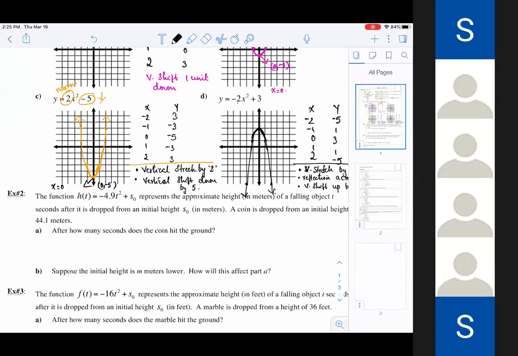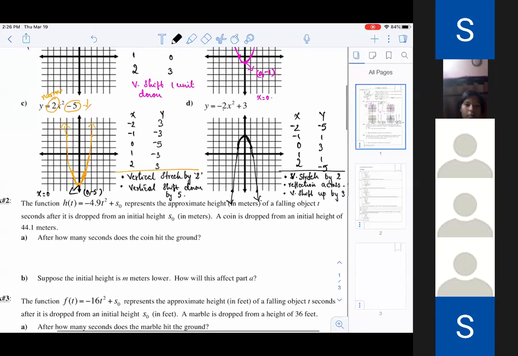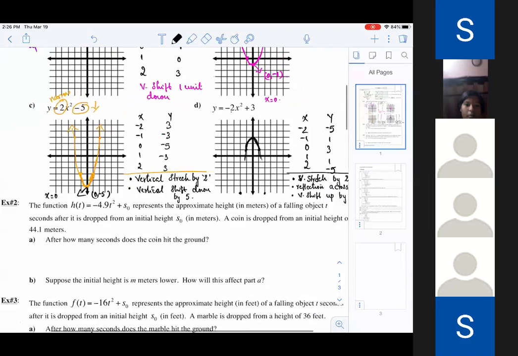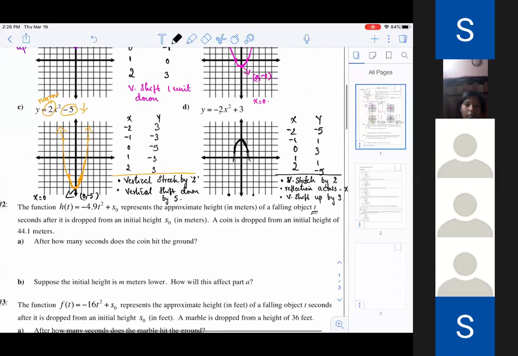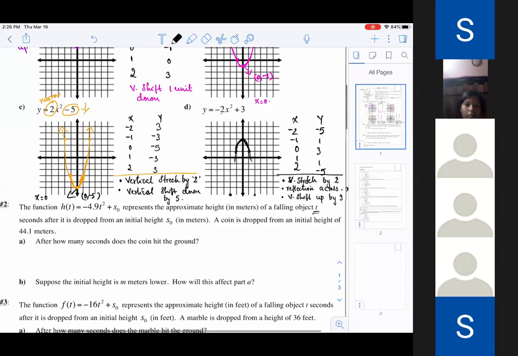So we have a function h of t is -4.9 t squared plus s0, which represents the approximate height in meters of a falling object t seconds after it is dropped from an initial height s0. So this s0 is the initial height, right? And then this h of t is the height of the falling object after t seconds.